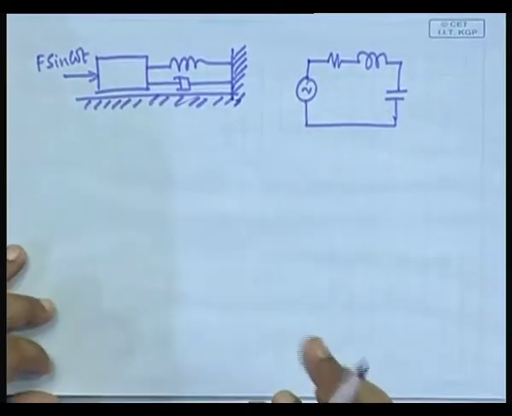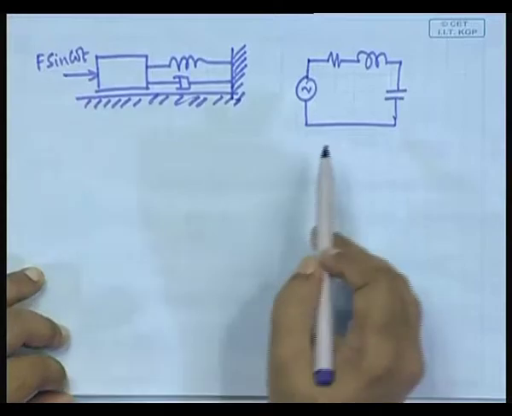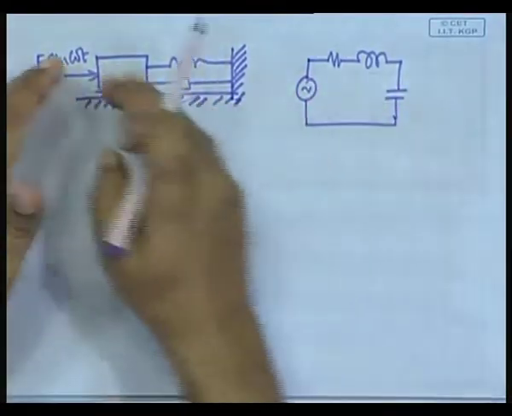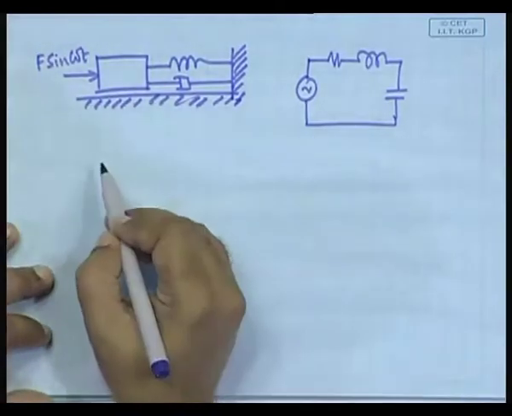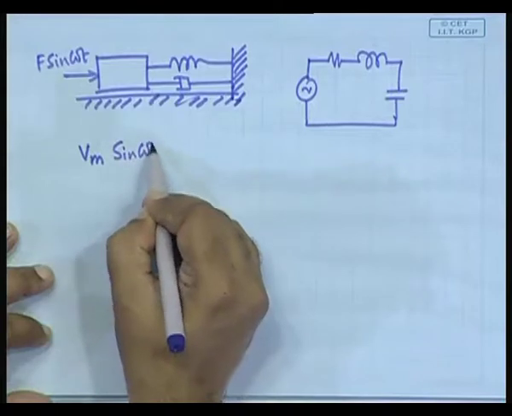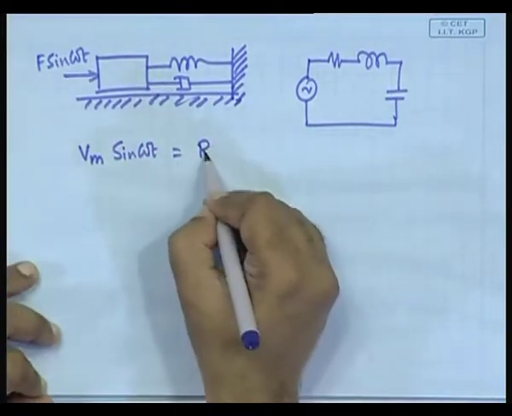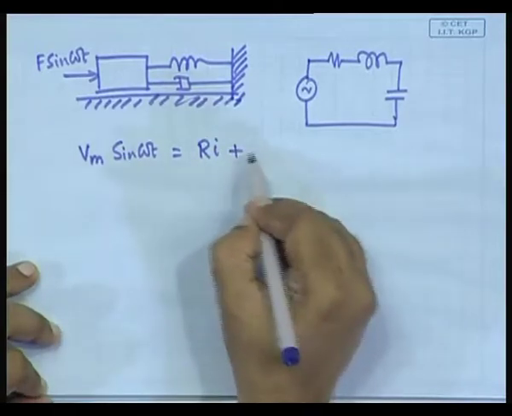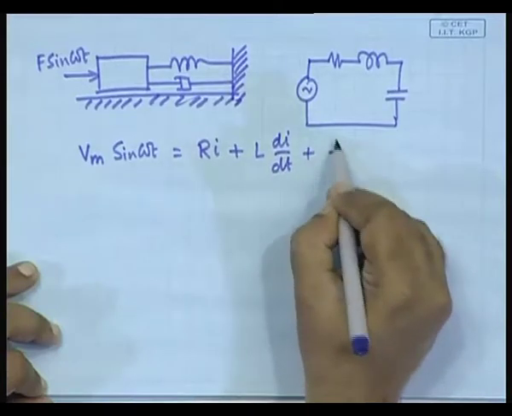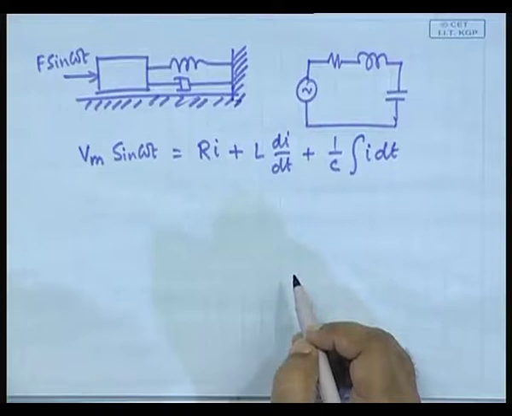So, in that case, how would you proceed? First, write down the equation of this circuit. Let us proceed with the circuit example, and then we know that it is equivalent to the mechanical example. So, you have V m sin omega t is equal to R I plus L dI/dt plus 1 by C integral I dt, fine.